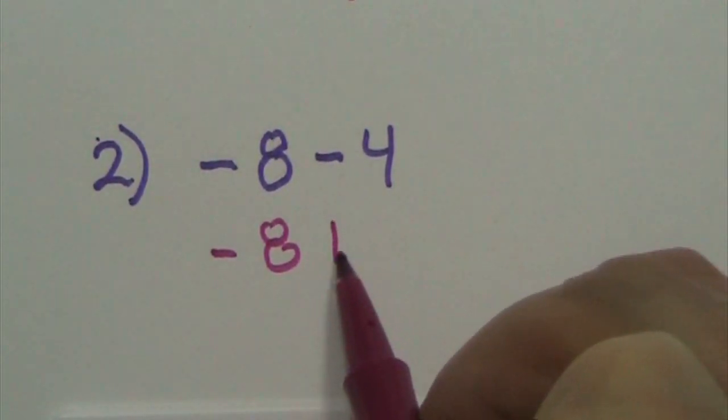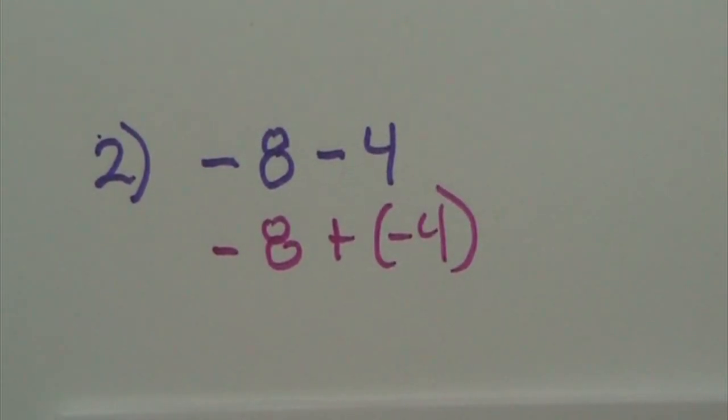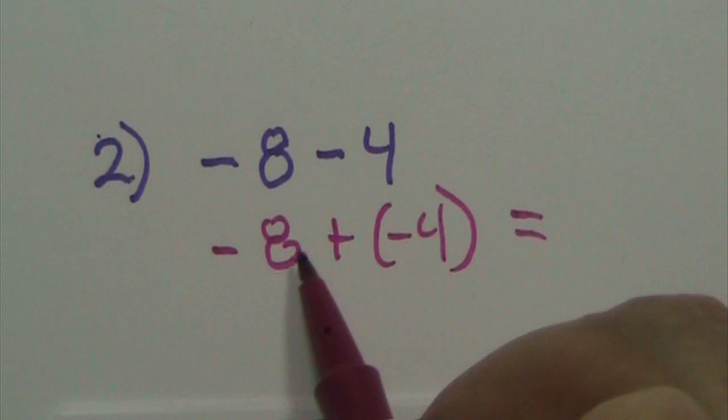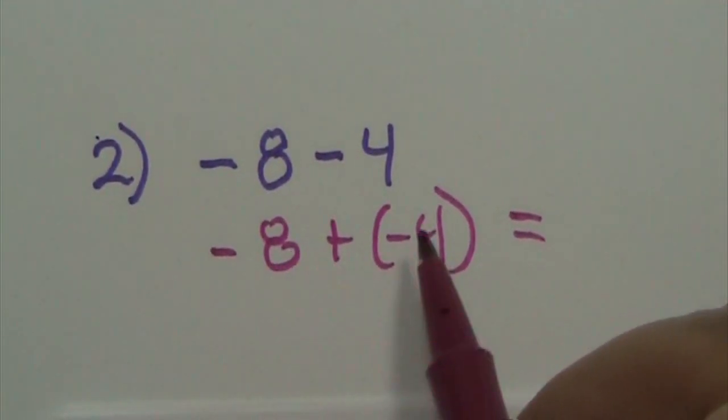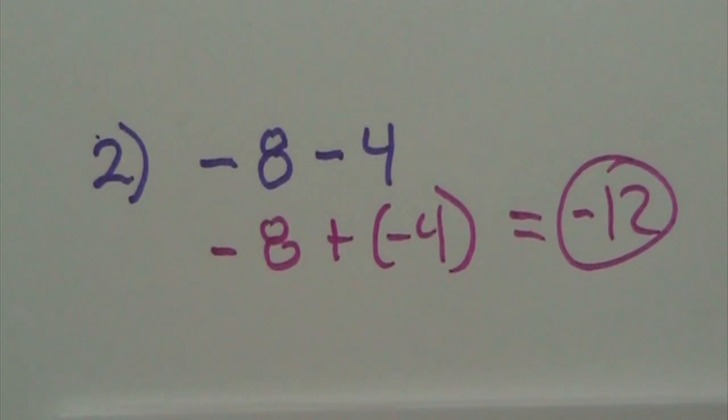That's the same thing as adding -4. Same sign, just add them up. 8 negatives and 4 negatives makes 12 negatives.